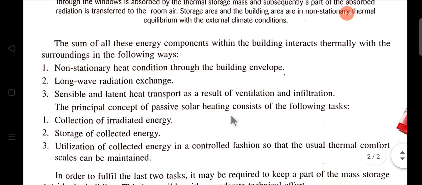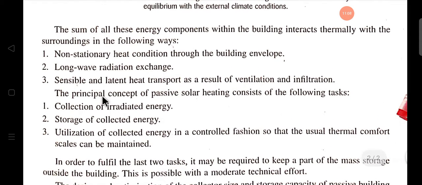The principal concept of passive solar heating consists of the following tasks. This is the principle, or our aim, which we want to fulfill by using these three works.